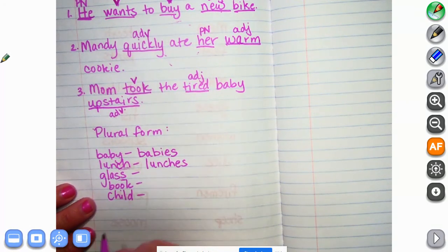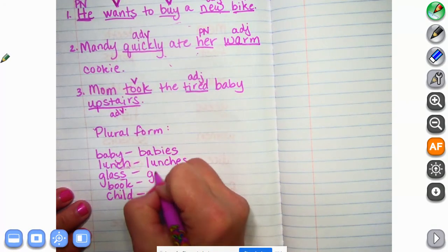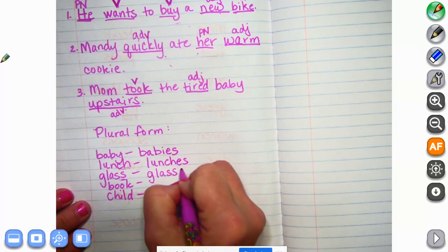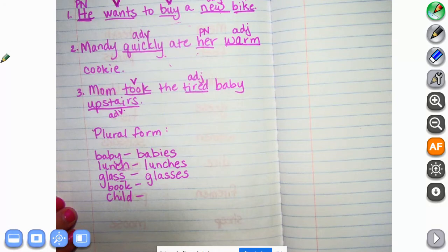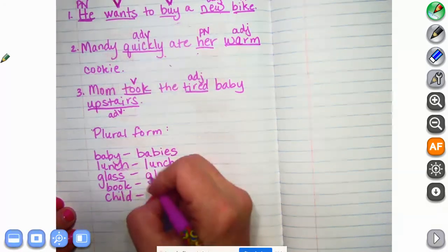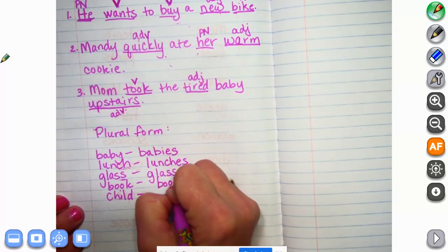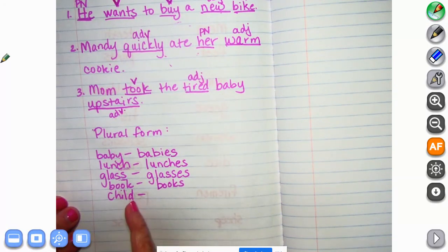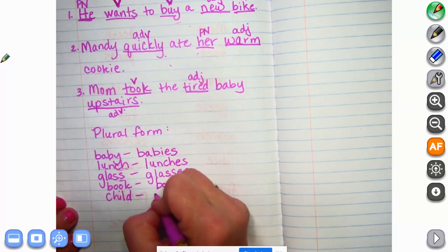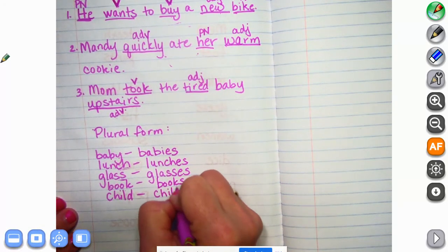Glass, it ends with S. We're going to make it glasses, add ES. Book, more than one book, just add an S. Books. You see a child, you see many children.